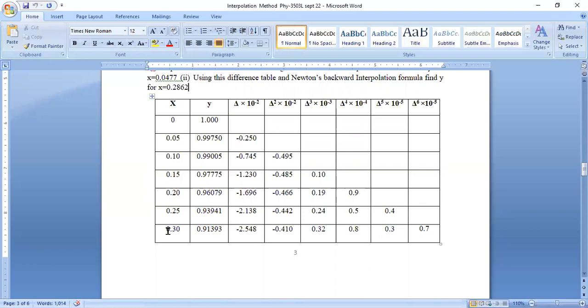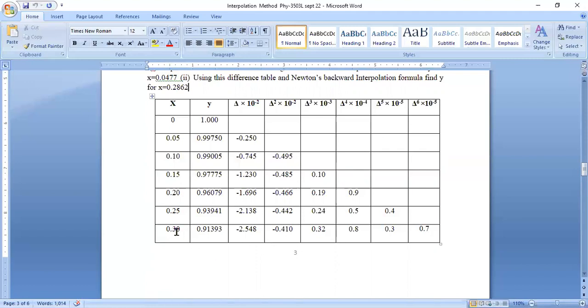Okay, your index k is 6. Your xk, x6 is your xk. So k is 6. This is yk, y6. So now when I use my Newton's backward interpolation, wherever k appears, I have to write down k is 6, right?